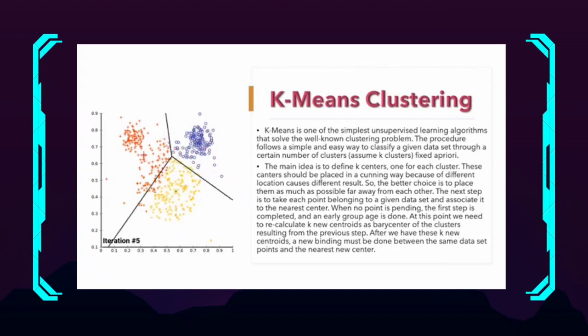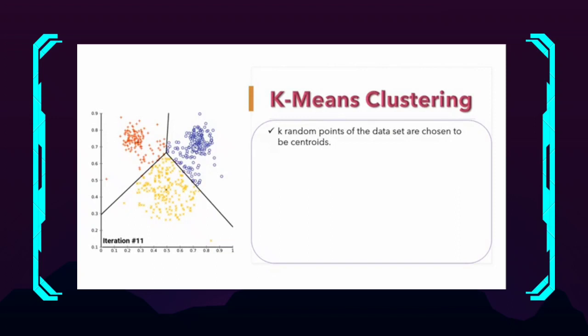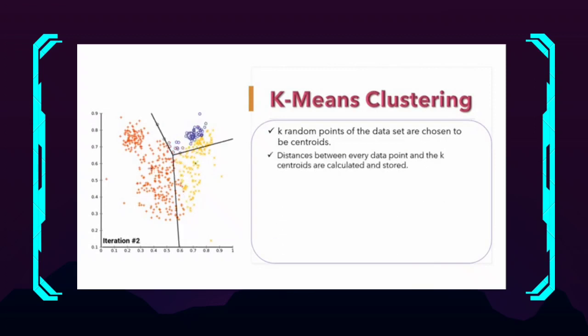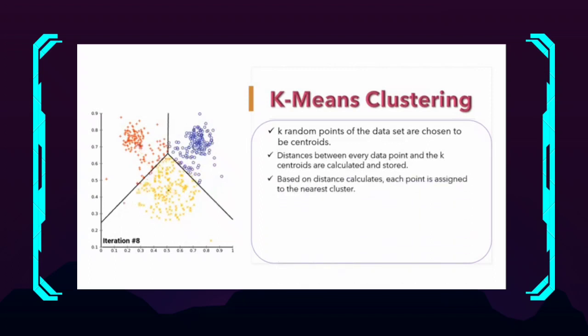So guys, let me mention a few points on what we have to do for creating different clusters for data points. First of all, K random points of the dataset are chosen to be centroids. Then the distance between every data point and the K centroids is calculated and stored. Based on the distance calculations, each point is assigned to the nearest cluster.